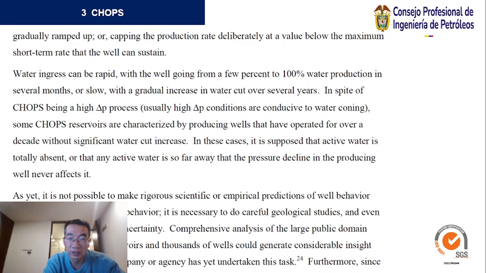Comprehensive analysis of the large public domain database for dozens of reservoirs and thousands of wells could generate considerable insight into this question, but no company or agency has yet undertaken this task.